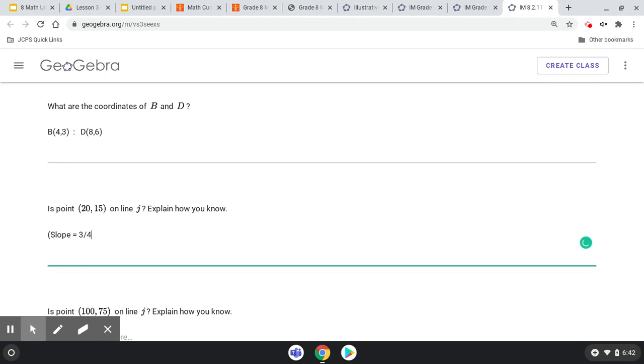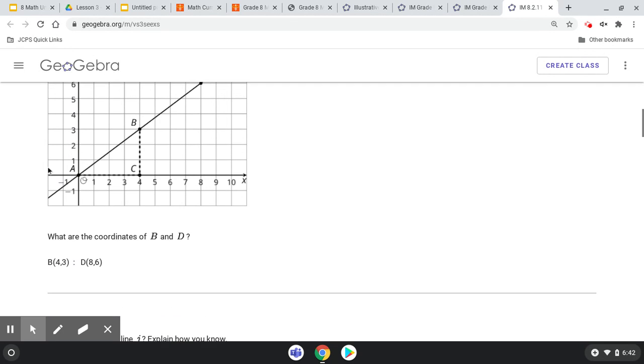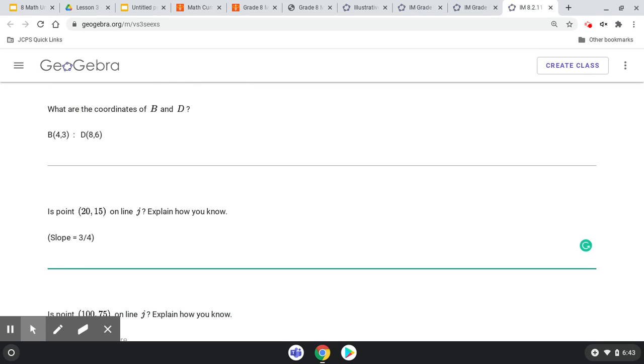Equals 3 over 4. Now, remember, I just said that this was based off of my Y. So for this one, because we are starting here at the origin, my Y, which is 3, over my X. This is another way to think of it. So I'm going to put that in parentheses for you guys as well, just so we are keeping that on here. Okay. Now our point is 20, 15. So that means my X is 20 and my Y is 15. So 15 over 20. Now, if we were to simplify 15 over 20 and keep it in fractions, we could divide both numbers by 5.